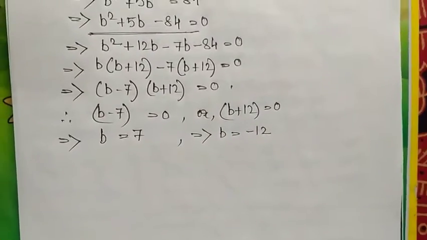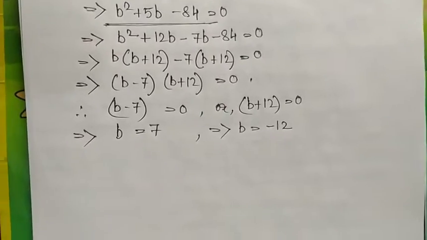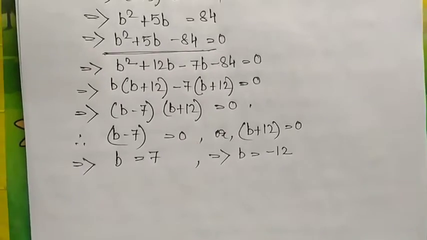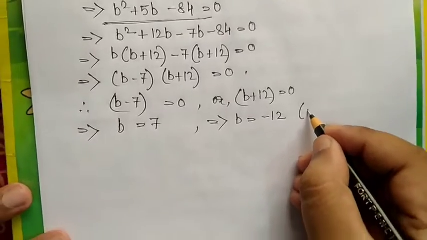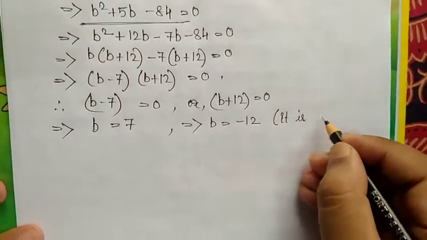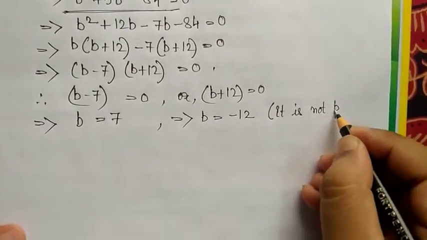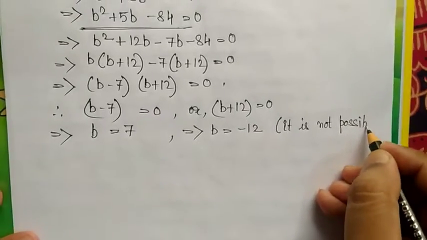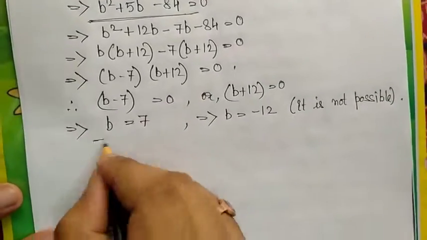So now you see breadth cannot be negative because breadth is always positive. So it's not possible. So therefore we find that b equal to 7.